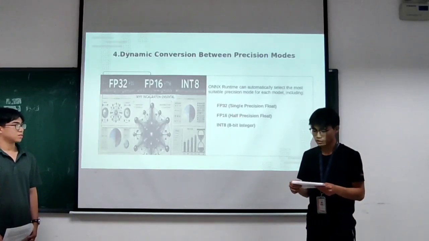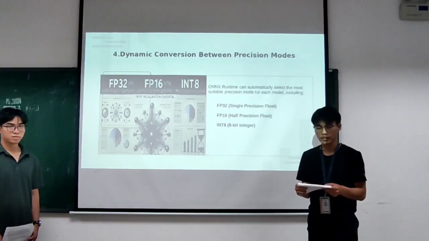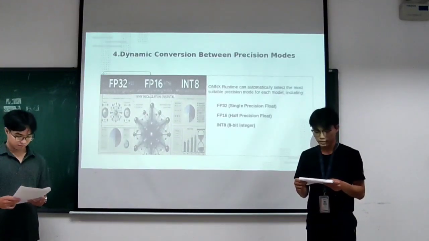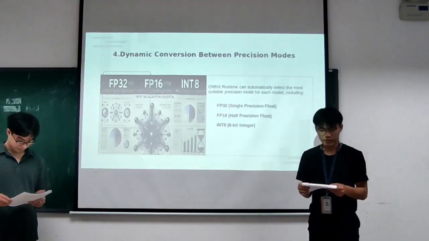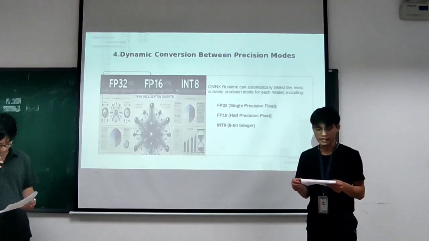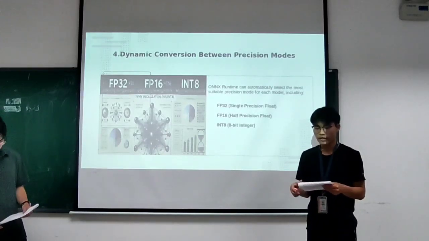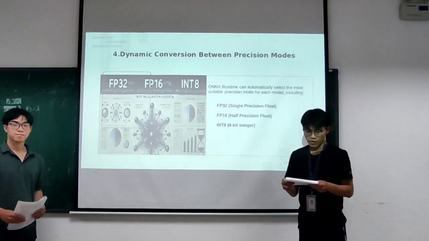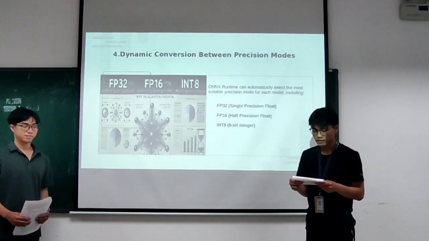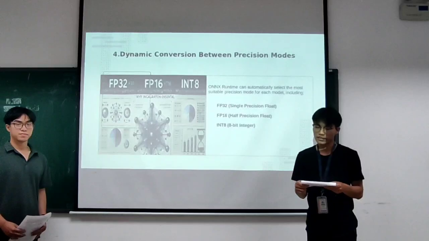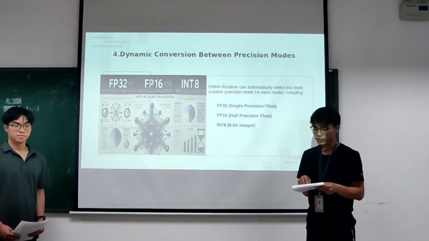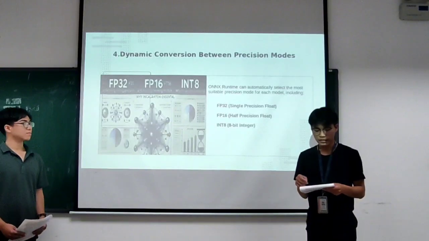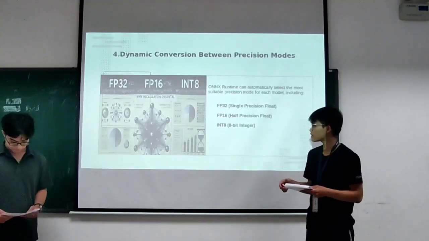High precision mode gives accuracy but requires significant resources. Lower precision floats help reduce memory cost and speed up computations while maintaining acceptable accuracy. Integer precision is for models that require high resource optimization without needing high precision, helping to reduce model size and increase execution speed.